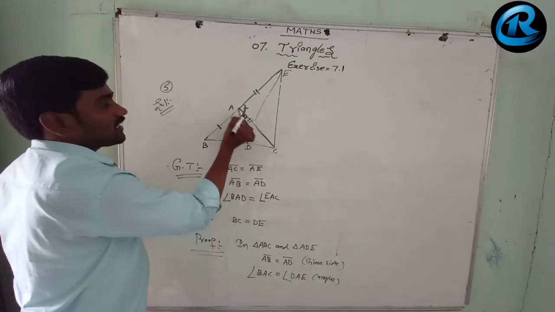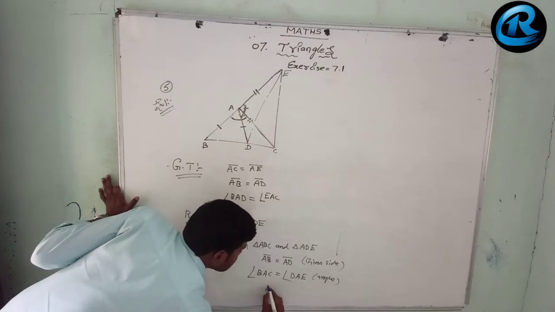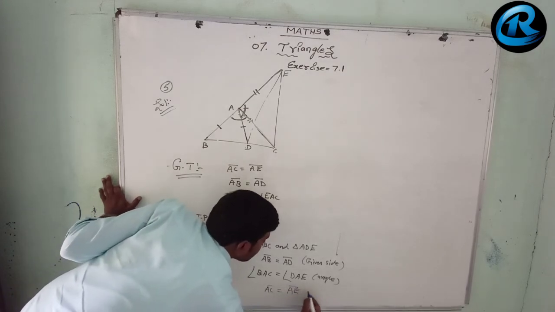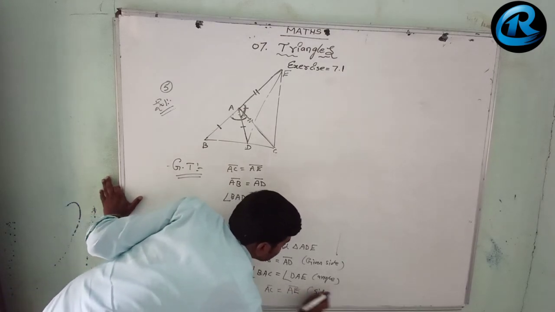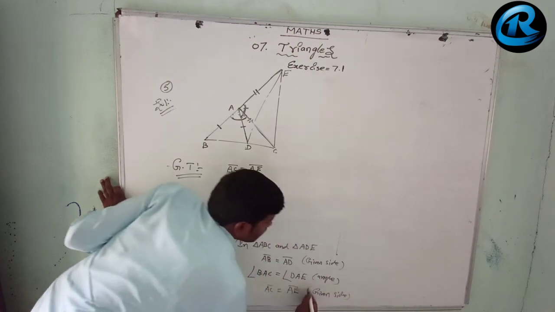And also the second one, AC equal to AE, these are the given sides.